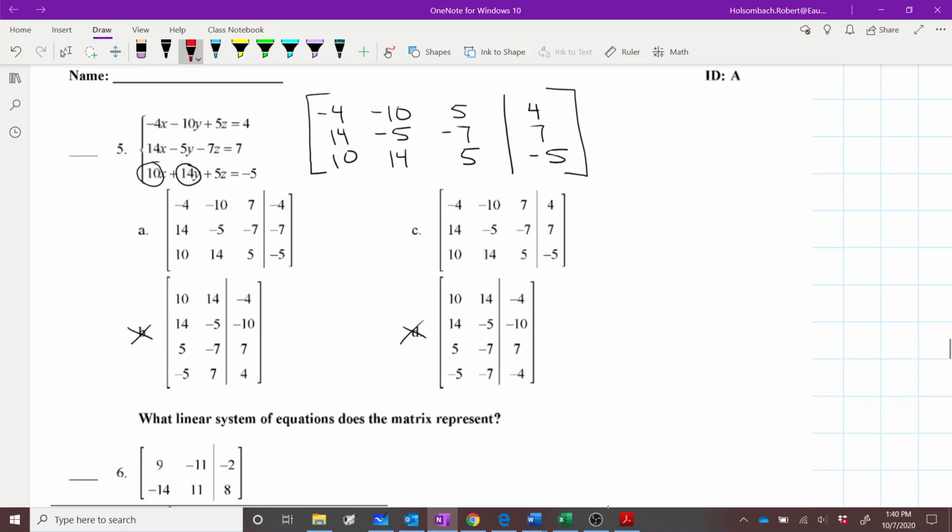Since this up here is a 5 and this is a 7, the best answer in this case, it looks like the computer program has written a 7 in these two locations instead of a 5. But this has your -4 out here, so it can't be A. So it's going to be answer C.